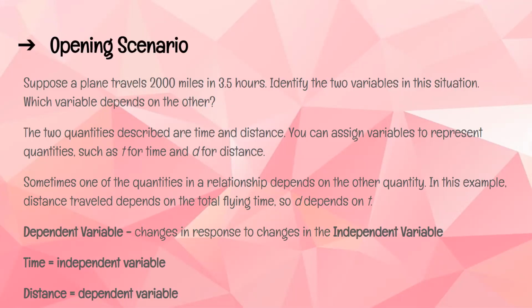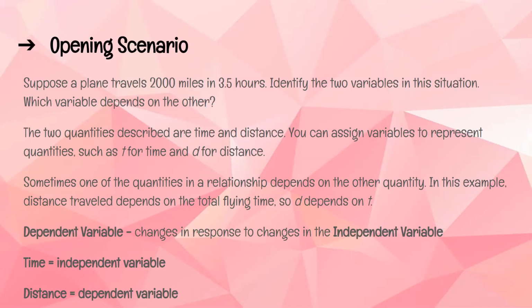If you look at the definition of a dependent variable, it says the dependent variable changes in response to the independent variable. Another way to think of this is the dependent variable depends on the independent one.